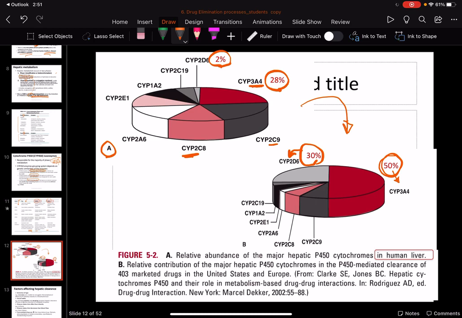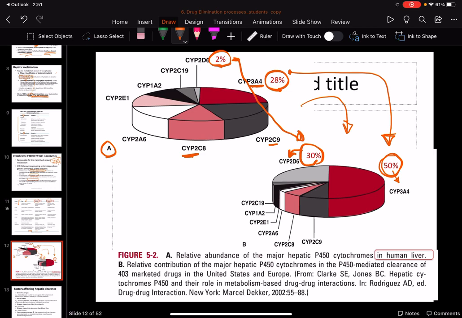what we care about is what the majority of the drugs are metabolized by. So 28% is not that much compared to all the hepatic enzymes, but could cover 50% of drug metabolism. The same for 2%, which is very low as an abundance percentage in the hepatic enzymes, yet could cover as much as 30% of the drugs.